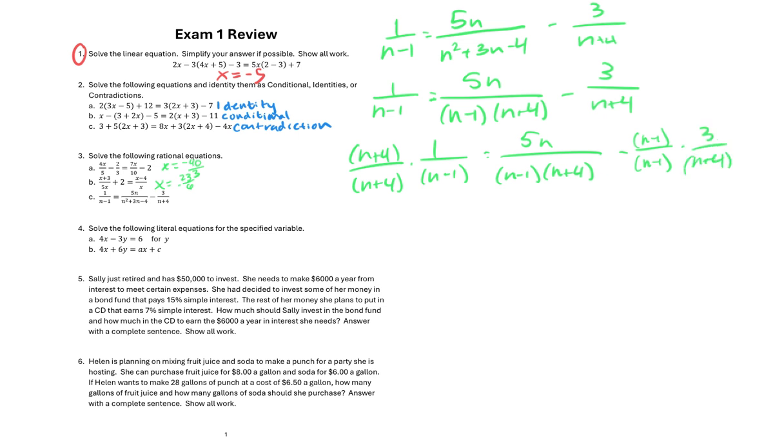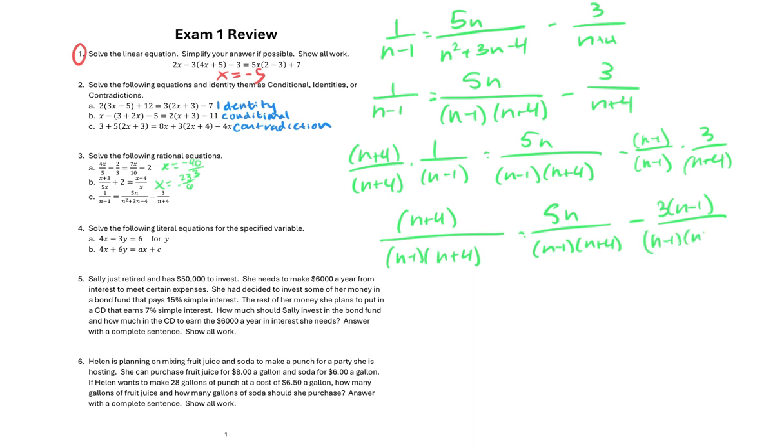Great. Simplifying this down, we get n plus 4 over our denominator, n minus 1 times n plus 4, is equal to 5n over n minus 1 times n plus 4 minus 3n minus 1 over n minus 1 times n plus 4.